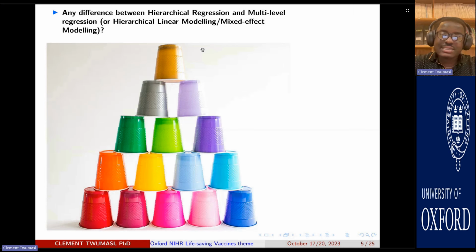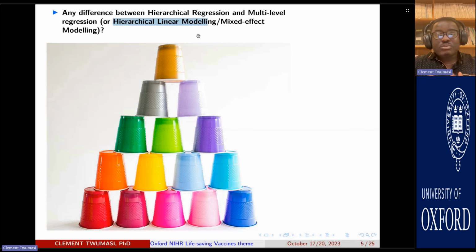So whenever you hear multi-level regression, it's the same thing as mixed effect models, and another school of thought calls it a hierarchical linear model. Don't confuse the hierarchical linear model with hierarchical regression, although hierarchical regression is also linear in nature because we're just using linear models; it's all about the way we are entering the predictors into the model.